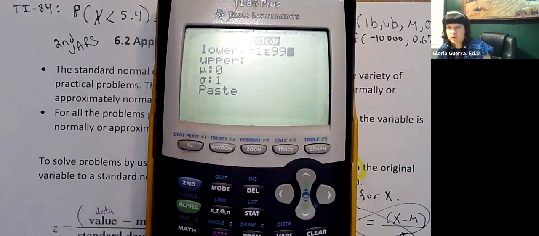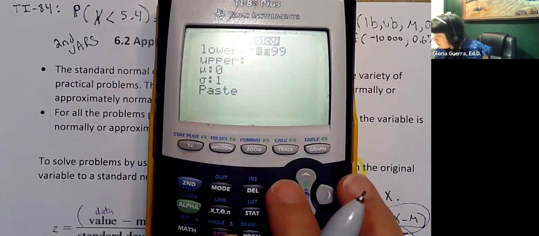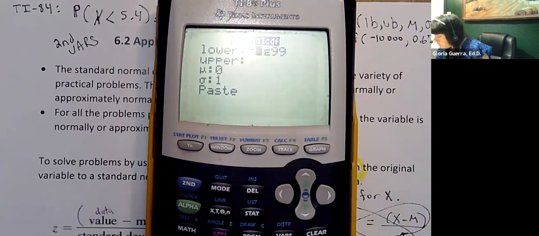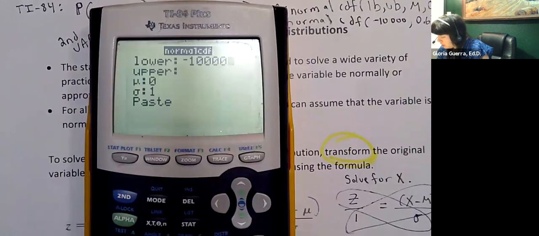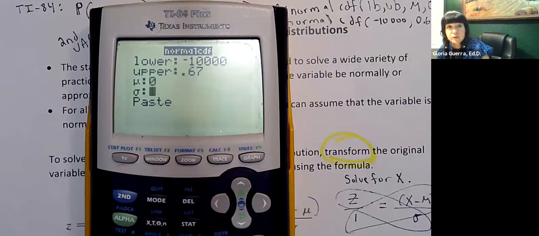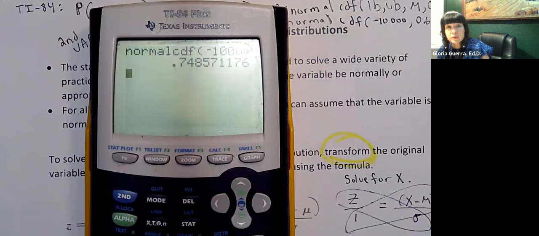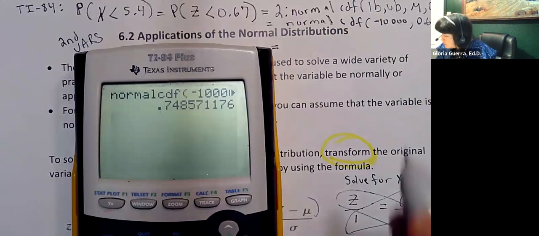Or you can do negative 10,000. So one or the other. Okay, and then hit return, 0.67, and then 0 and 1. Okay. All right.